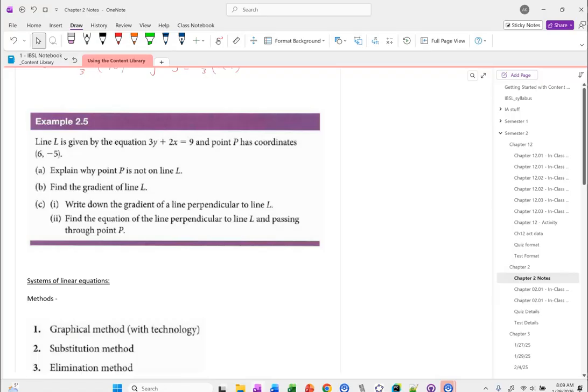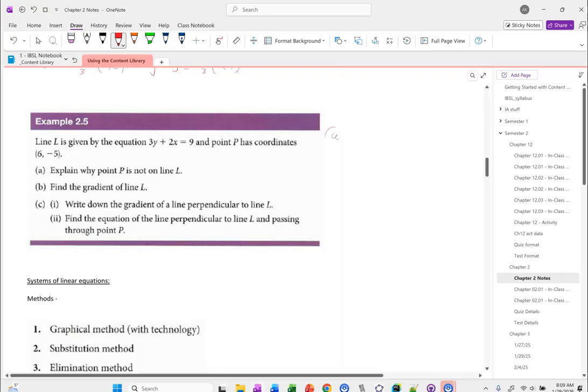We take the coordinates and plug them into the equation. Way easier.